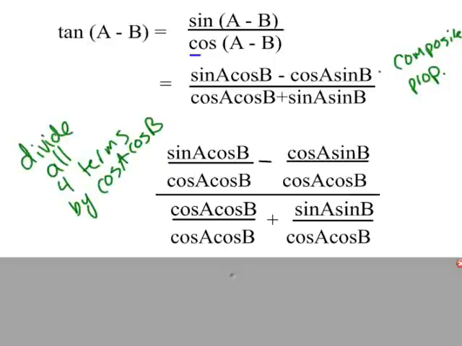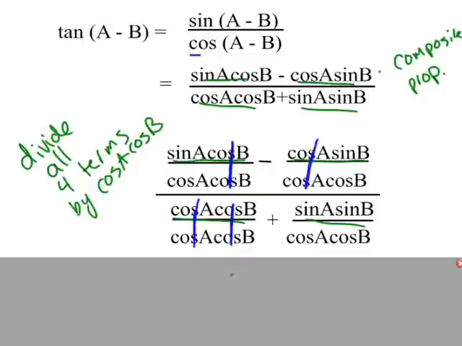So you can see that guy got divided, that guy got divided, that one got divided here, that one got divided here. And so now we get to cancel things that look alike. So you can see cosine b and cosine b cross off, cosine a and cosine a cross off, cosine a and cosine a, as well as cosine b and cosine b.